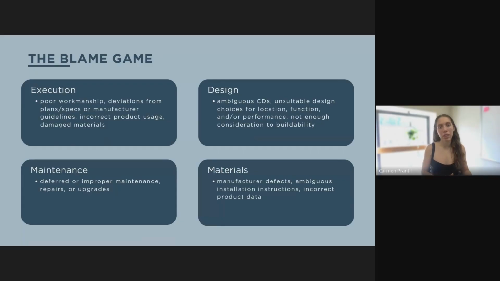In our experience of many years of building envelope consulting, the vast majority of issues that we see really boil down to execution or design failures. Maintenance is a contributing factor, certainly, but it's rarely the leading cause. And materials, quite honestly, are even more rare to be the leading cause. People will say, like, oh, well, the wood framing is rotted.